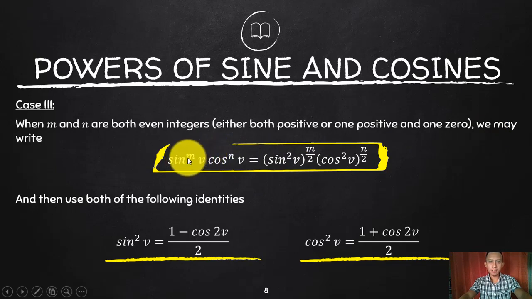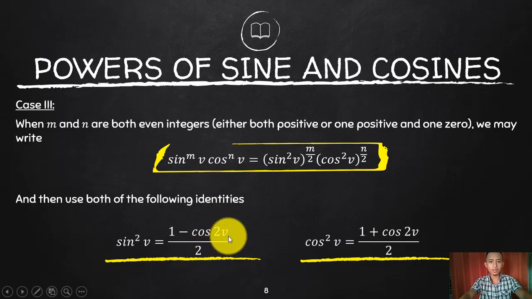I will divide the exponents m and n by 2, and that will go outside, so that I just split the exponent. Inside, what will be left is sine squared and cosine squared. Then we make use of the double angle identity: sine squared of the angle is equivalent to 1 minus cosine twice the angle.